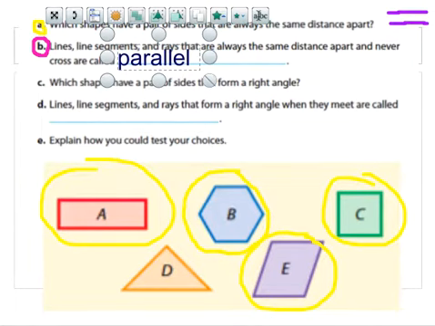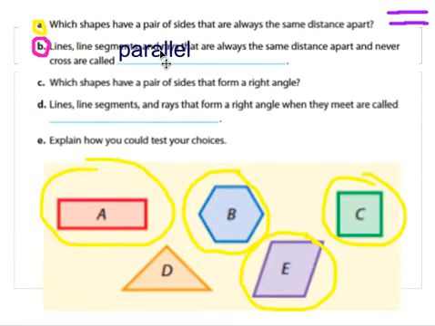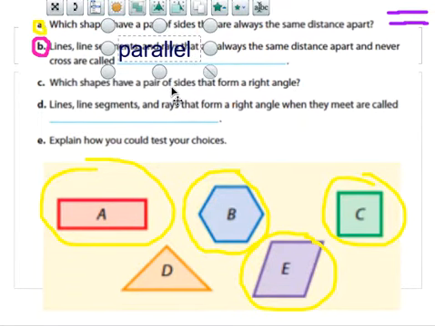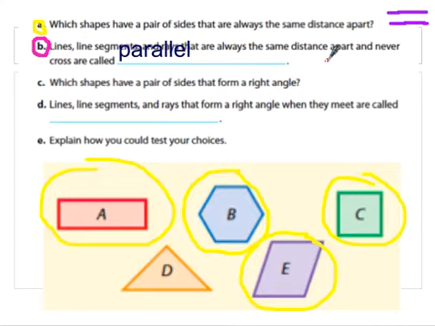So let's look here at question C. Which shapes have a pair of sides? Oh, why is that crossing over here? Let's raise that up so we can see. All right, which shapes have a pair of sides that form a right angle? We should all know what a right angle looks like, right? So when we have a right angle, it comes straight down and straight over, creating how many degrees if we measured it? 90, right? 90 degrees.